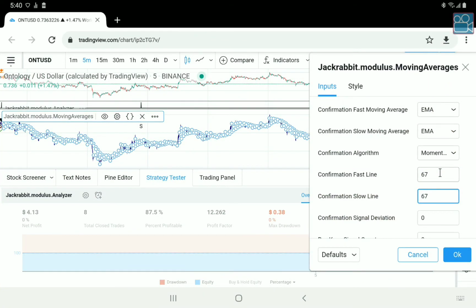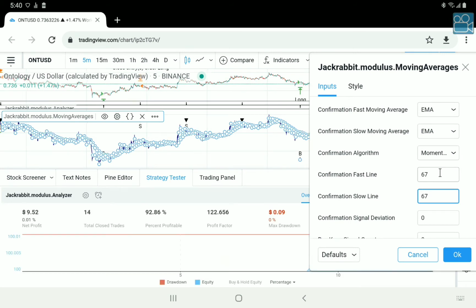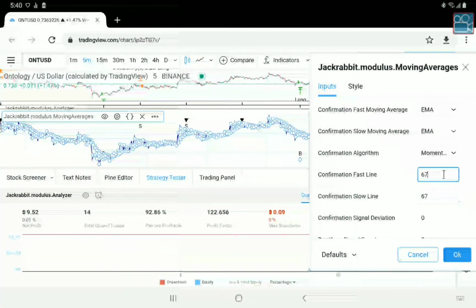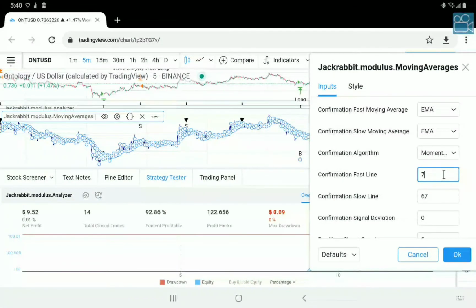Somewhere between 55 and 73. 9.52. All right, let's go back to 73. All right, so 67 is actually better. So let's go to 65.